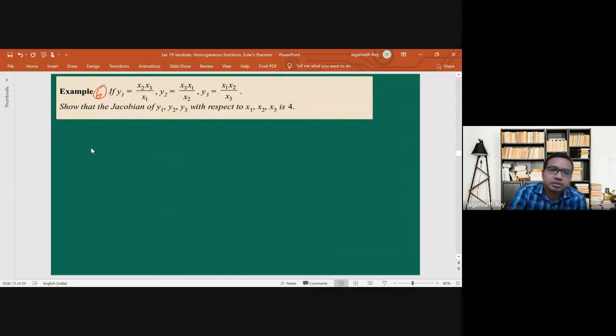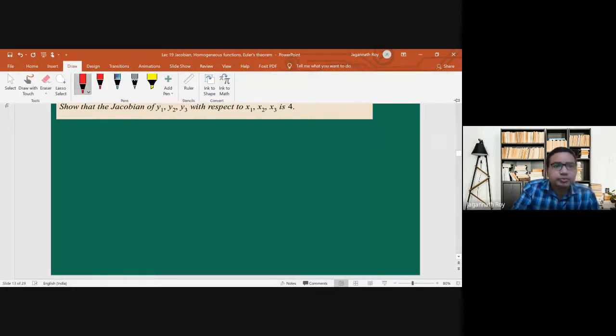So this is one example, and one more example you can take as a task. Just let us do it for a 3 variable case. So we have to show this is equal to 4.